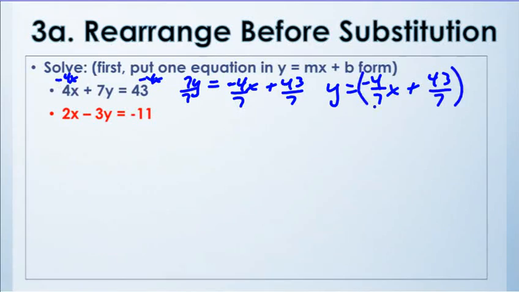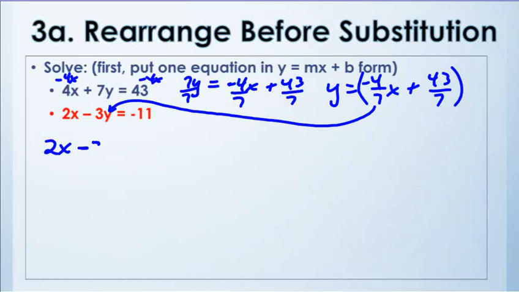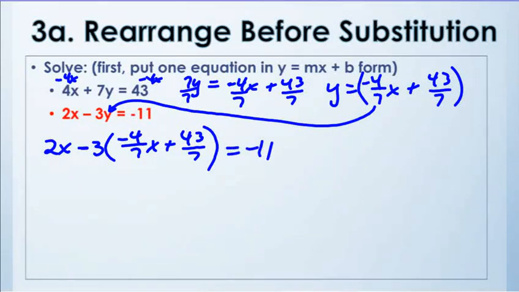Since this is what y equals, I'm going to take that and substitute it in for that y. So now I have 2x minus 3 times negative 4/7 x plus 43 sevenths, and this has to equal negative 11.